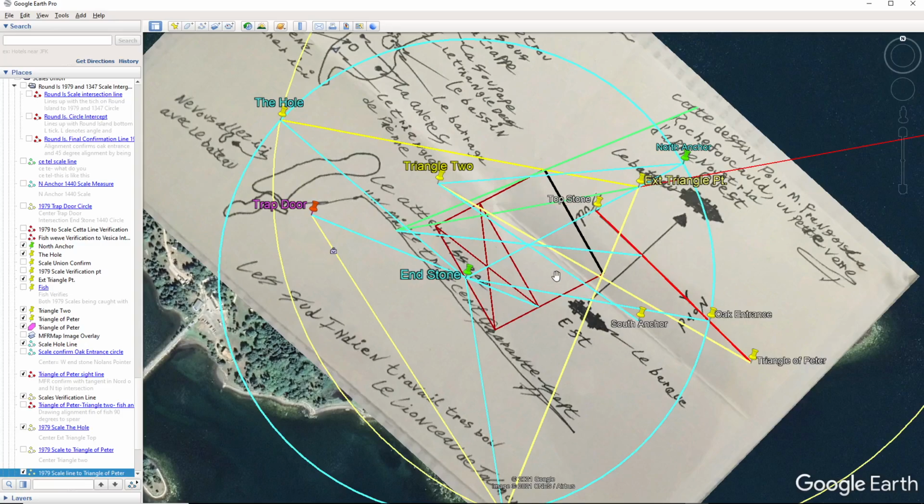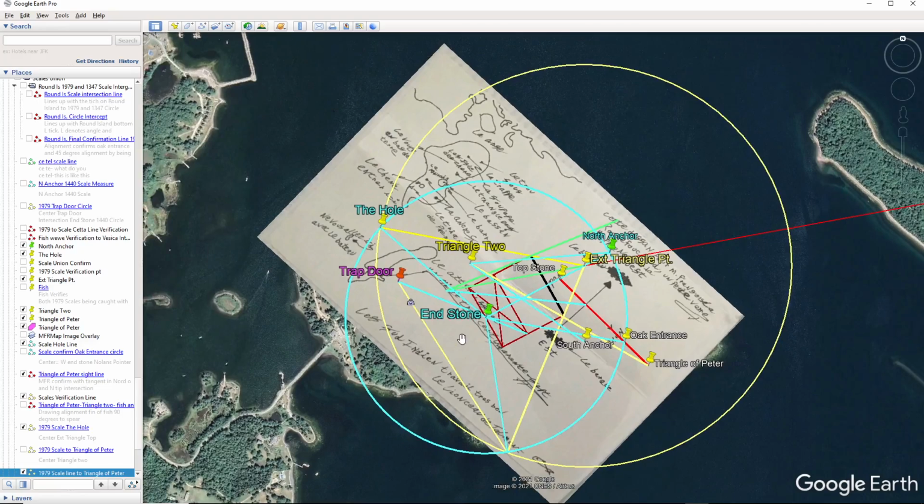And that means that if Nolan's Cross wasn't even known, how could you have this design here without Nolan's Cross? You can't, because Nolan's Cross is so integral in this design.